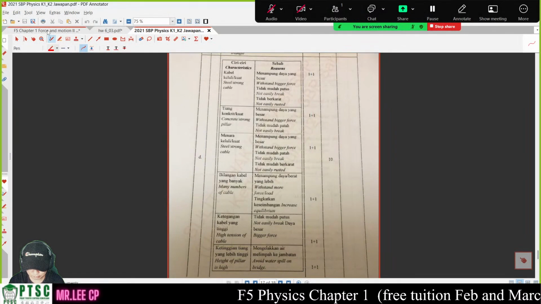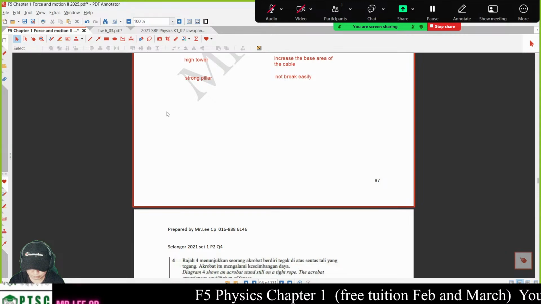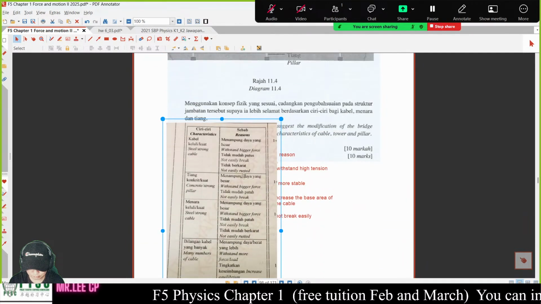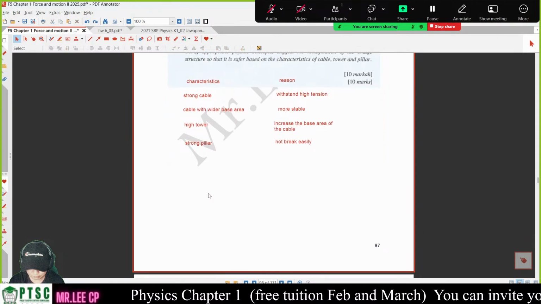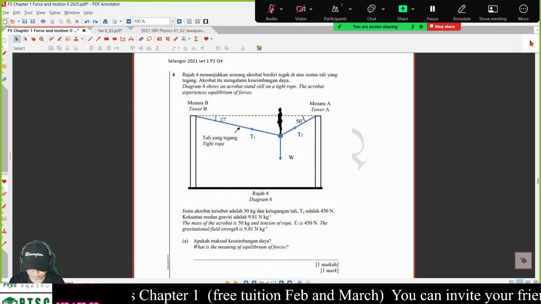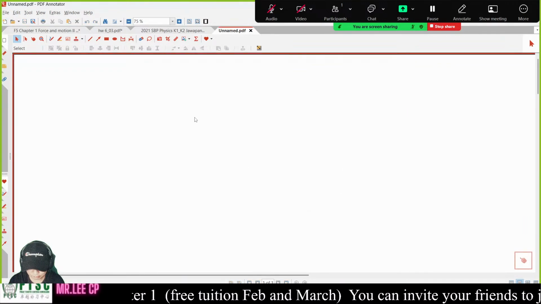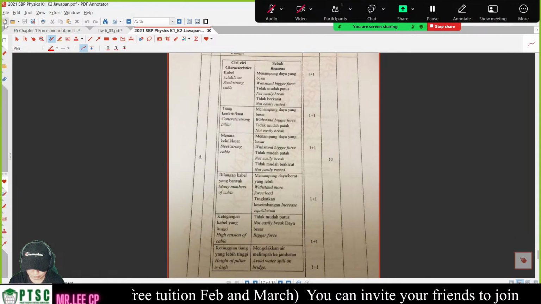Not my fault. How, undo. I add in another page, okay? Oh, no. Not like that. File.